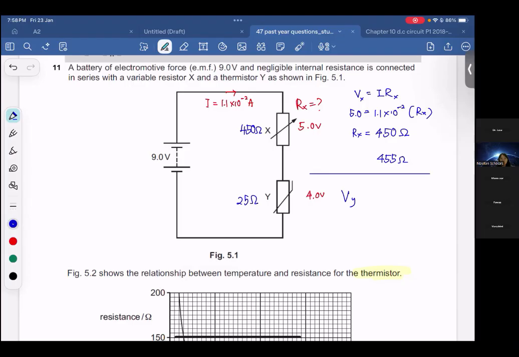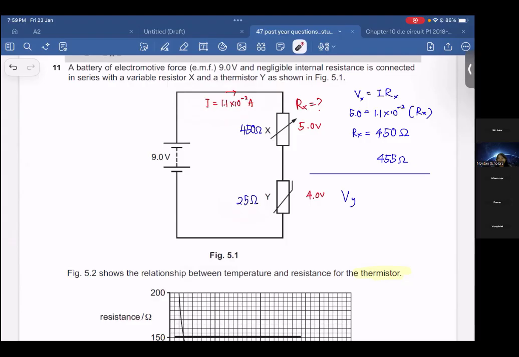Don't use the current from just now, because now your resistance is changing, so your current will be changed also. The red color current is only for the previous question. Now you have a new resistance, you cannot use this current times the R. So the potential divider formula, can you?